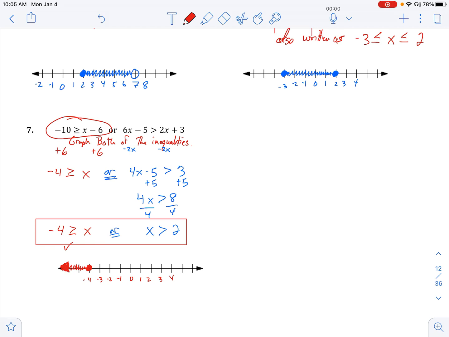The numbers that are smaller are those that are more negative, right? As we take a look at the blue one, here's the other one. This is going to say x is greater than 2. We're an open circle at 2, and we're going to shade to the right. Our solutions to this compound inequality can either come from the stuff that's over here in the red shaded area or this area in the blue.